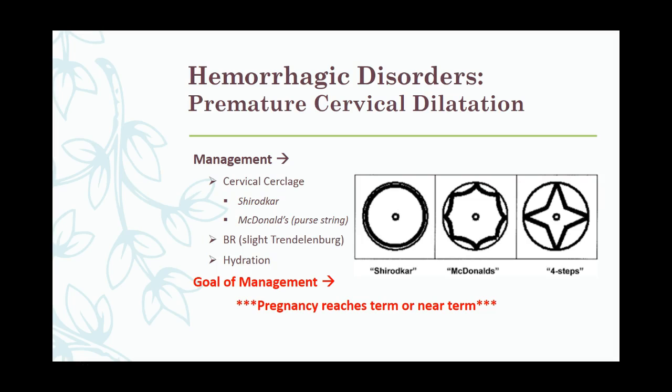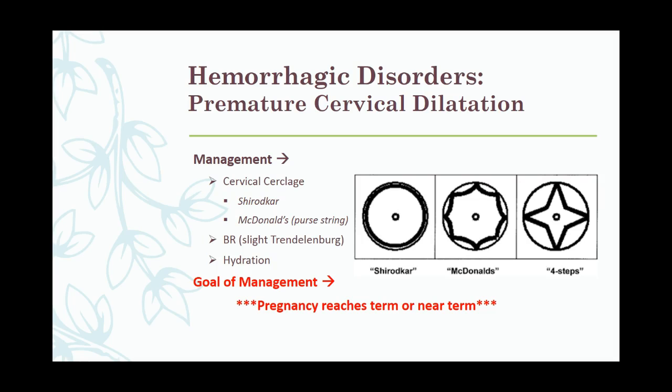Once these people have been diagnosed with premature cervical dilation, if they make it to the hospital prior to delivering, then we can put them on bed rest in a slight Trendelenburg position and make sure they're well hydrated. But oftentimes we really can't stop this once it's started.